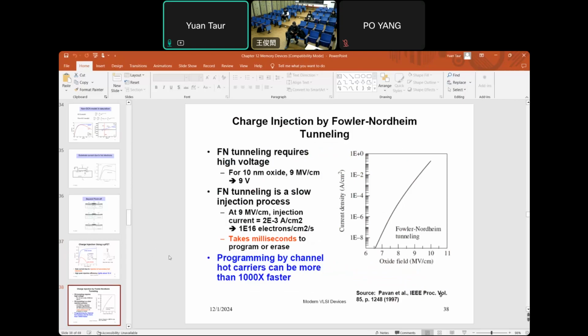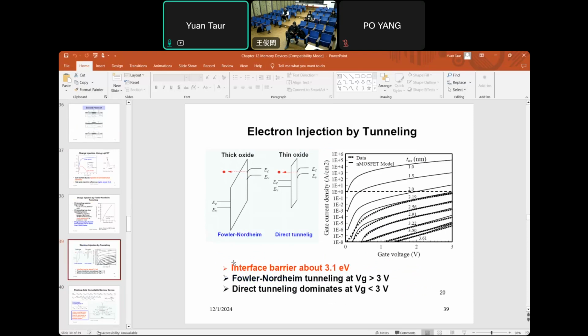Another way to achieve charge injection is by what we call Fowler-Nordheim tunneling. This we talked about in chapter 4. There are two kinds of tunneling. This is direct tunneling, for thin oxide. But for thick oxide, tunneling can occur if you have a high voltage biased in the channel.